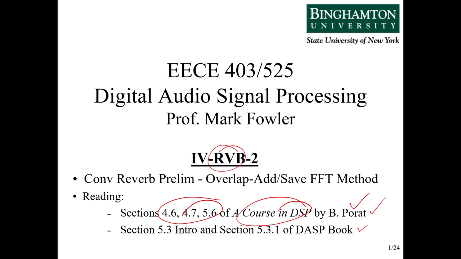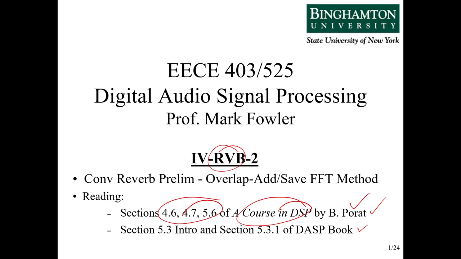So what are we talking about here? We've alluded to convolution reverb. We've said in concept, in principle, it's super easy to think about, but it's very challenging to come up with a way to computationally implement it so that we can do real-time computation with reasonable amounts of processing power.